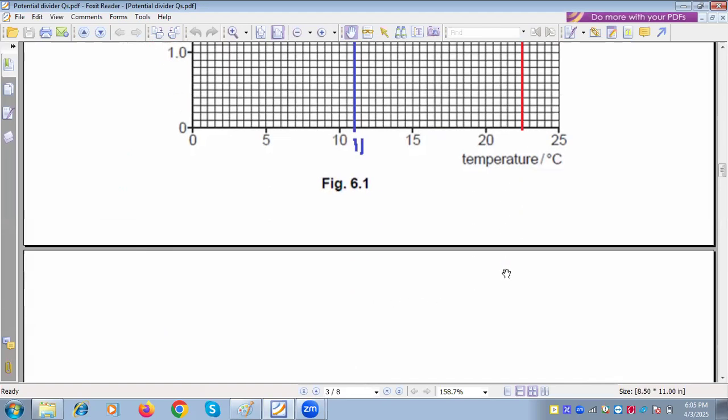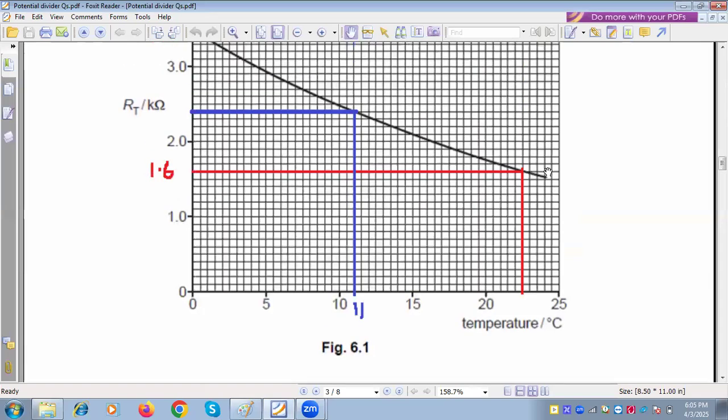We just calculated it. So 25 degrees Celsius, what will be the voltage? What will be the resistance? If we extend the graph, that will be around 1.5. Means the voltmeter reading will be around.